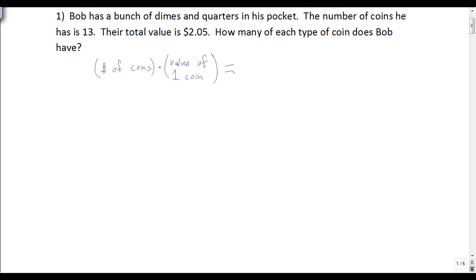So if you have 12 nickels and they're worth 5 cents each, their total value is 12 times 5, or 60 cents. You multiply these, you get the total value of all the coins. So this is our general multiplication fact.